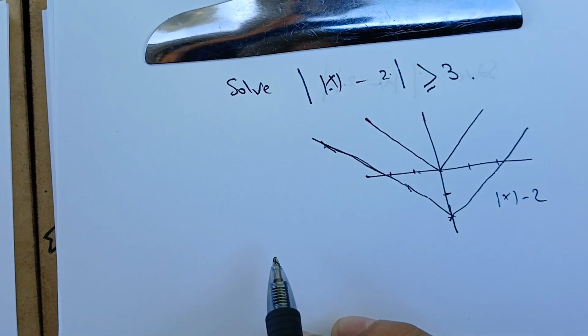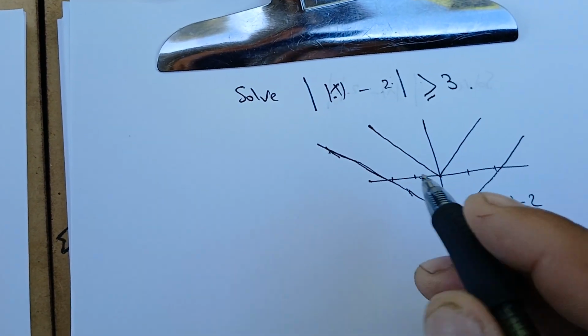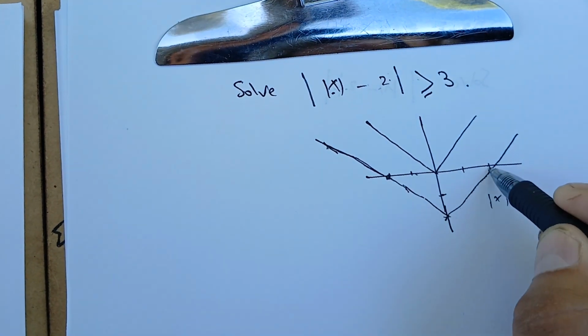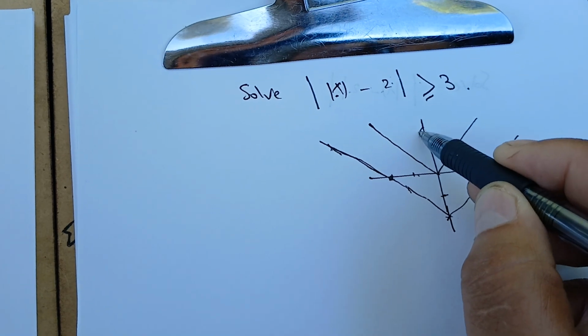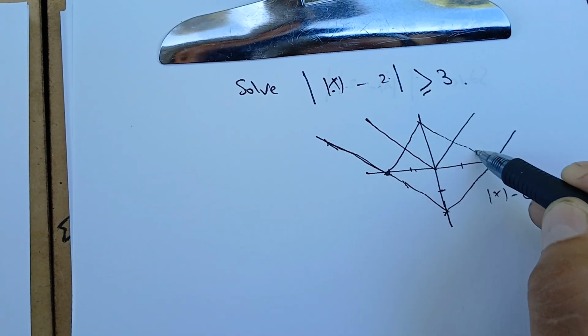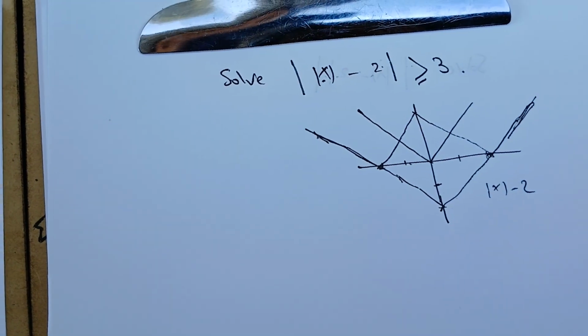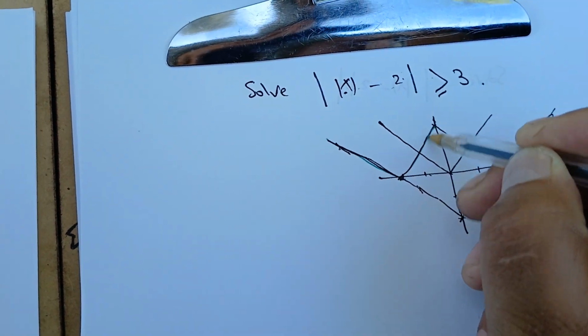But I need the absolute value of the absolute value of x minus 2. So the outer absolute value is going to shift the negative part, which is in this interval, back up. So I'm going to shift it here. And therefore my graph, let me do it in red.